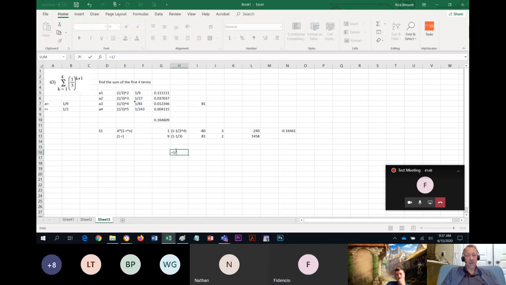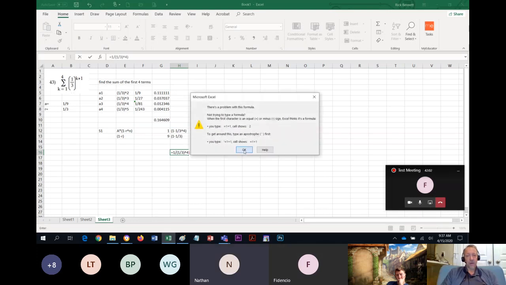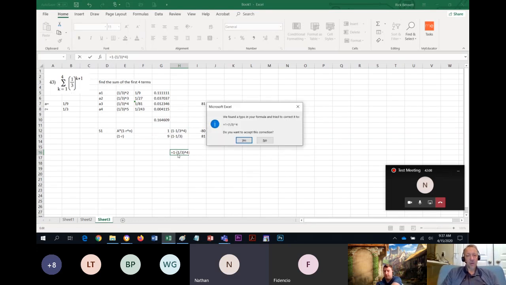Equals 1 minus 1/3 to the 4th power. So, I'm just speculating, but on the top one, the numerator isn't 1 greater than 1/81.